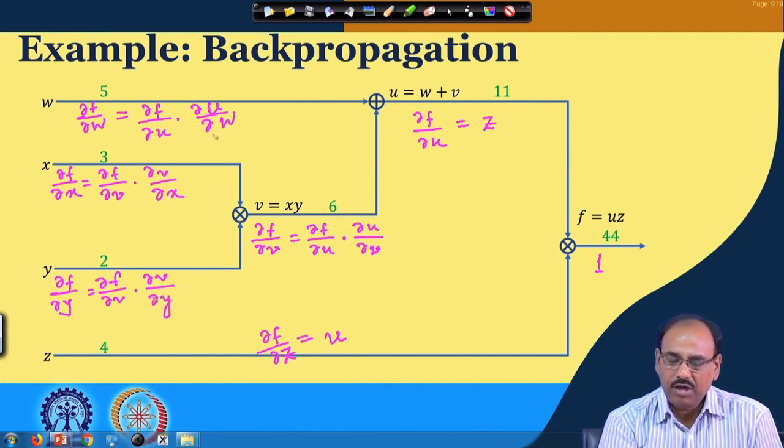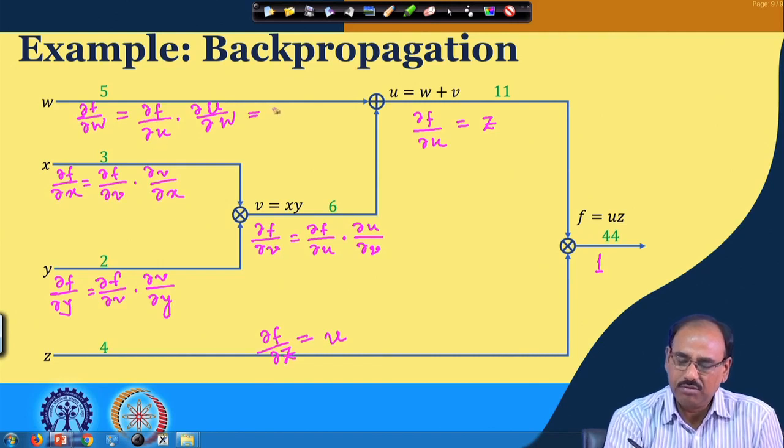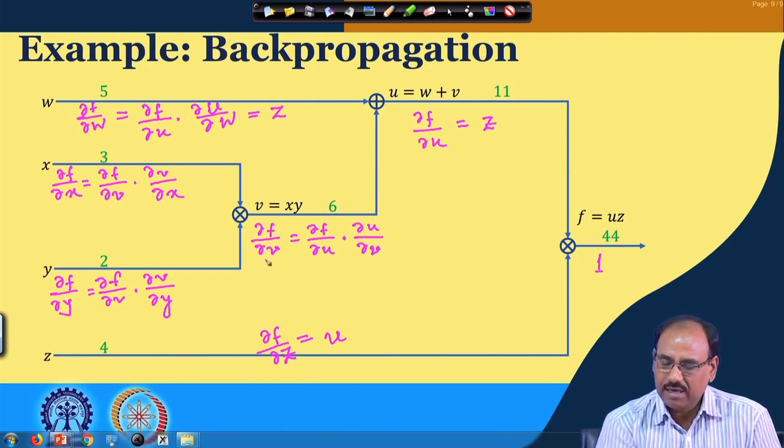Right. So, here you find that your del f del u is equal to z, and what is del u del w? You come over here, del u del w is equal to 1, right. So, this will be simply the value of del f del u, which is nothing but z. Come over here, what is del f del v?